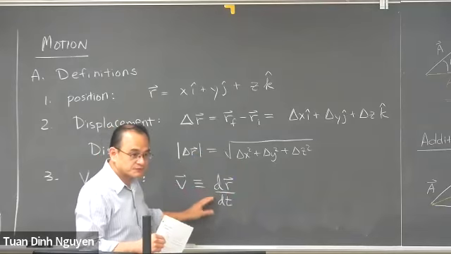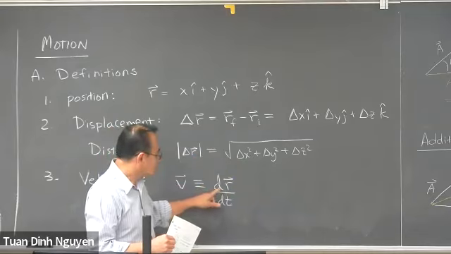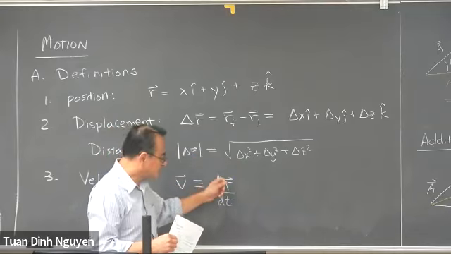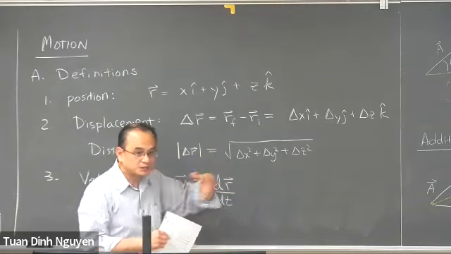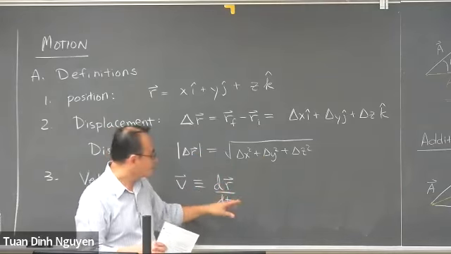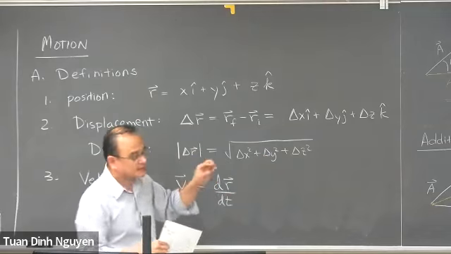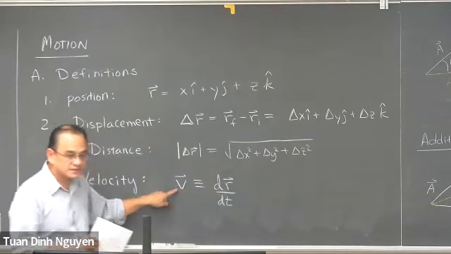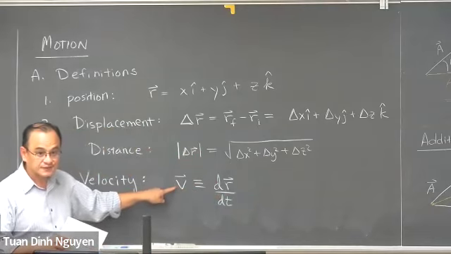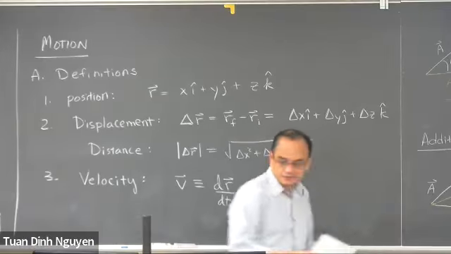You always take the derivative first, okay, and then put in the time, because if you put the time in, there'd be no more t and you couldn't take the derivative. So you always have to take the derivative first and then put in the time to see what that velocity is at that time, right? Average velocity.